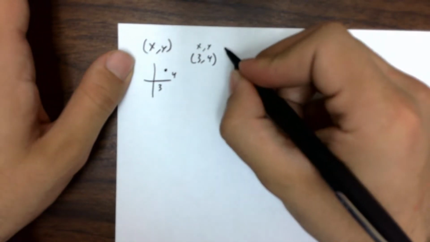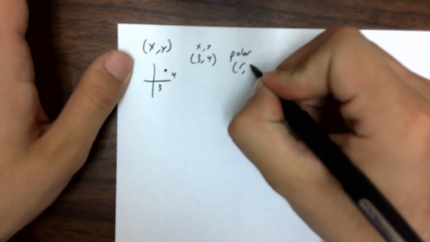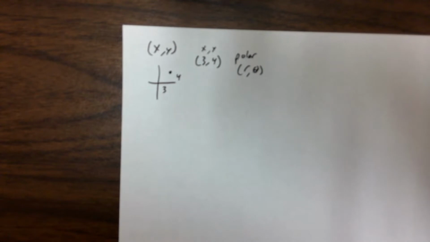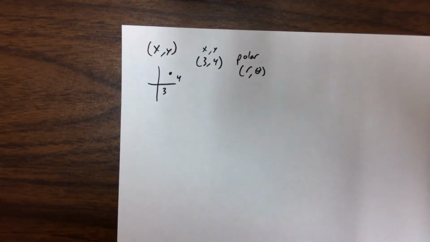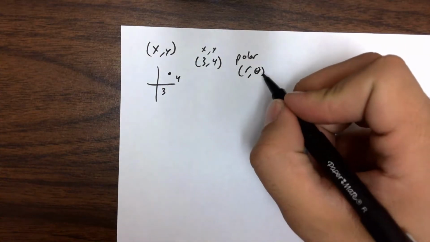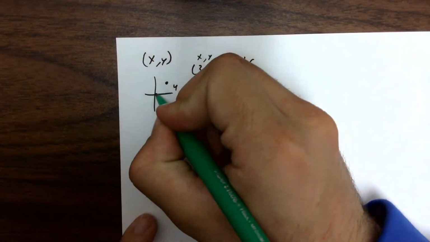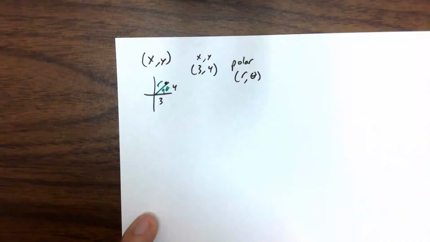I could turn that into the polar point, which is r theta. To find that, I would have to get my r, that distance, and this would be my theta if I wanted polar.